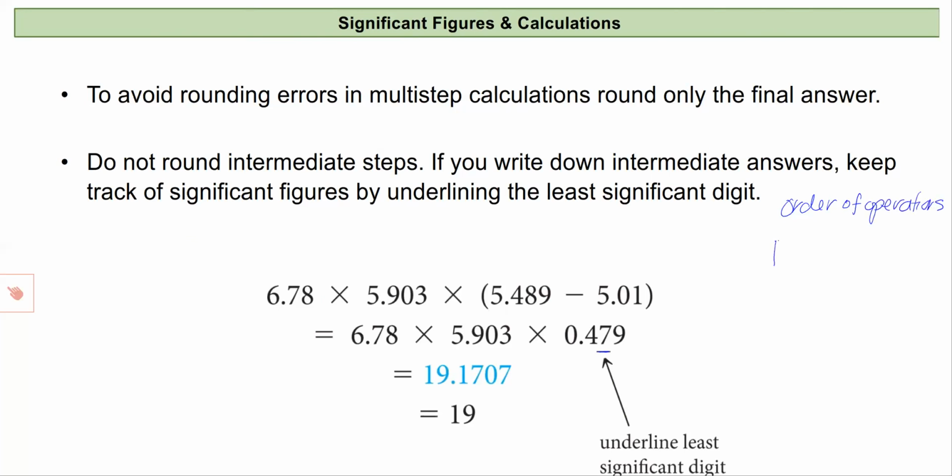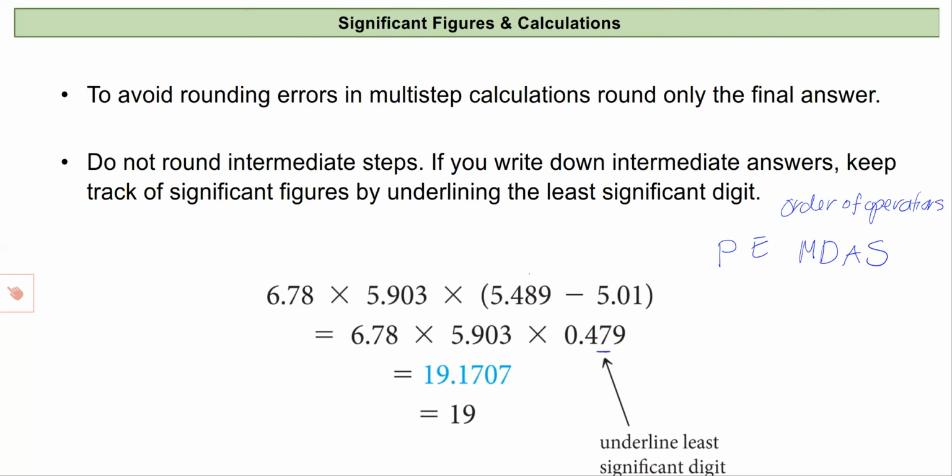So we've got parentheses first, then multiplication and division, then addition and subtraction. Oh, sorry, I forgot one in there. After parentheses is exponents. Then multiplication, division, addition, and subtraction.